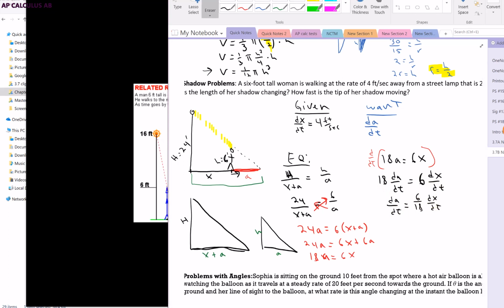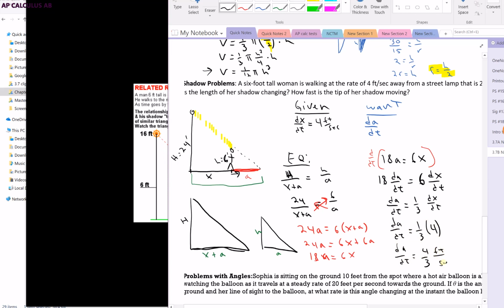So dA/dt is going to be 1/3 dx/dt. We know dx/dt is 4, so dA/dt is going to be 4/3, and just don't forget about your units. A is measured in feet because it's the shadow length, and time is measured in seconds. So 4/3 feet per second is the answer to the first one.